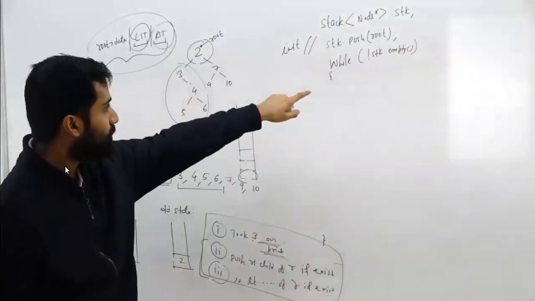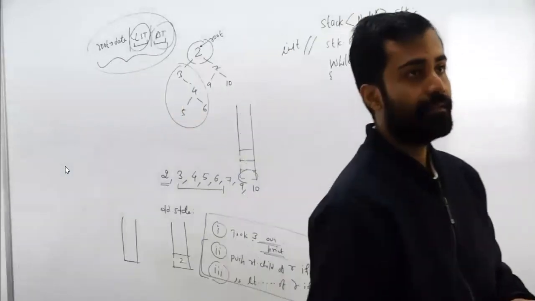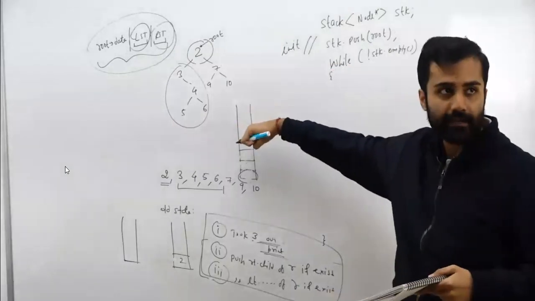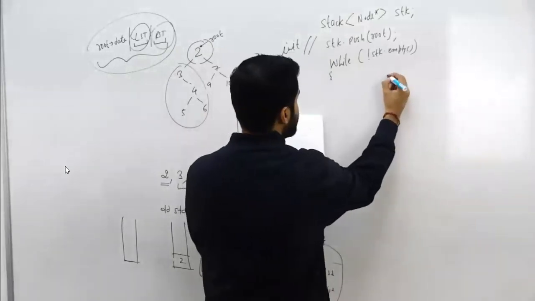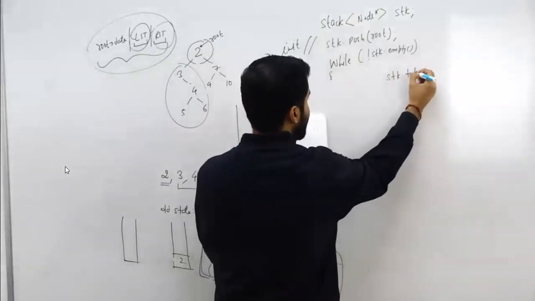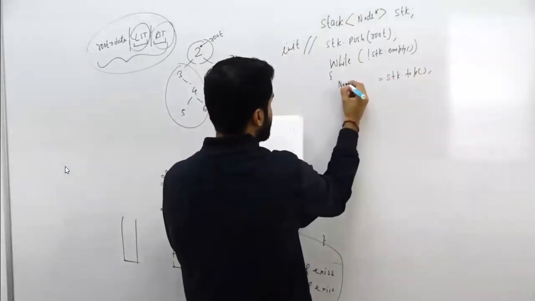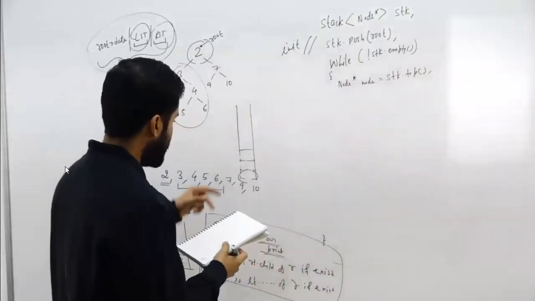So tell me, what is the first step? First you should take the top element of the stack. You can do that using stack.top, an inbuilt method on stack. When you do it, you get access to the topmost node in your stack.